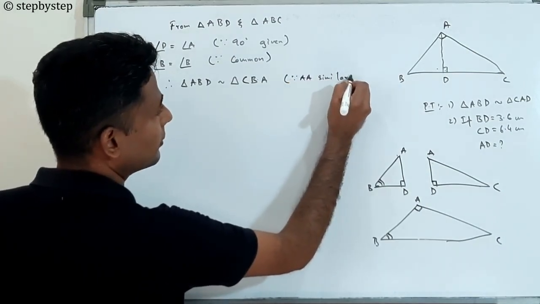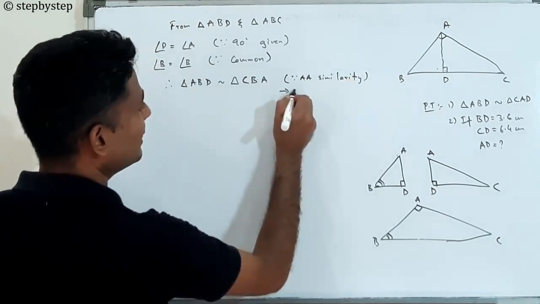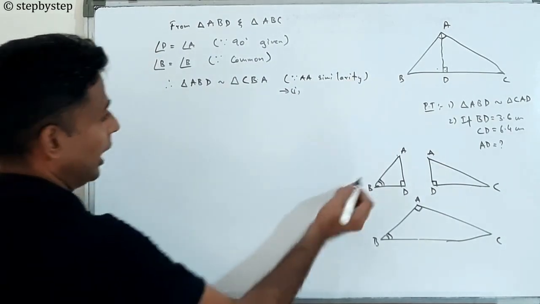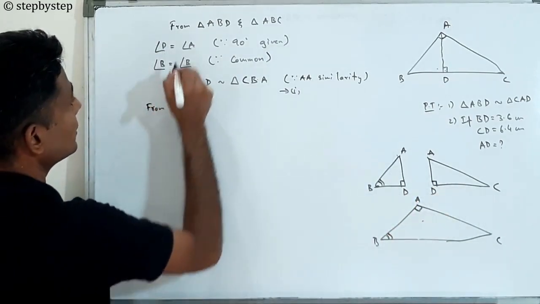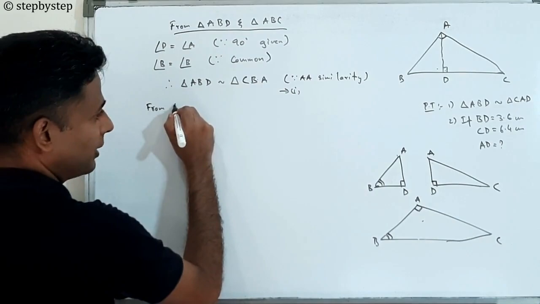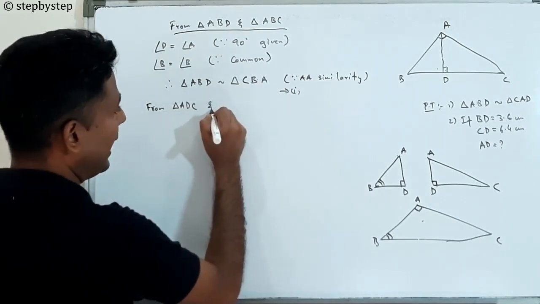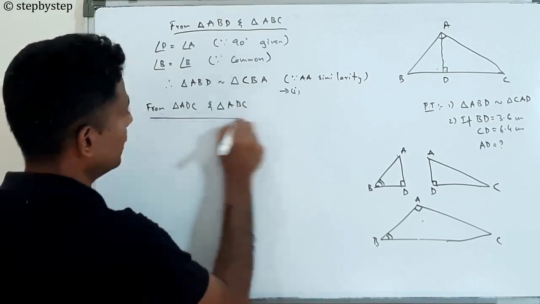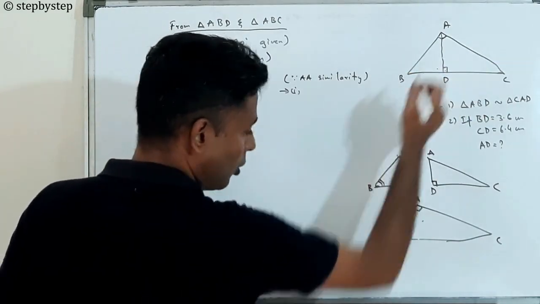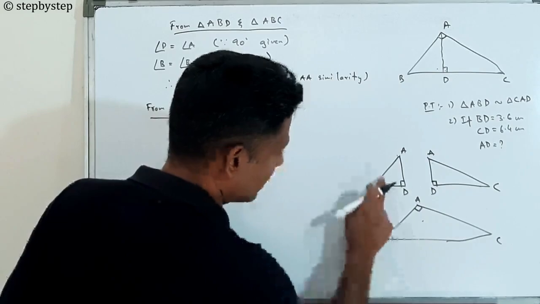similarity, right? And we'll take this as 1. Now these two triangles, if you see, from, okay, I'll underline this. From triangle ADC and triangle ABC. So this triangle and the whole triangle. I'll just erase this.